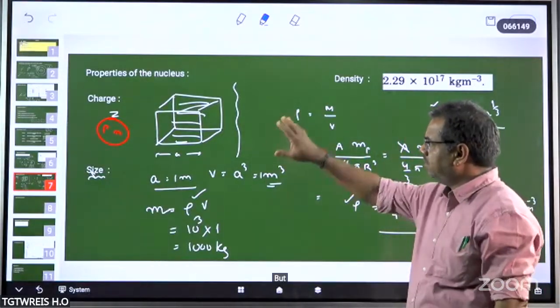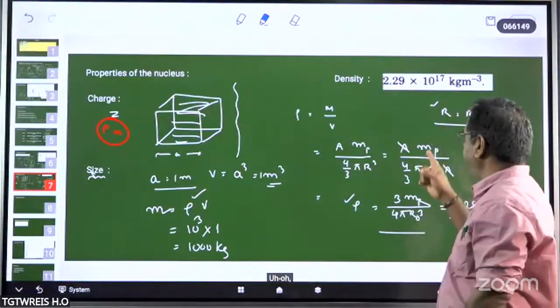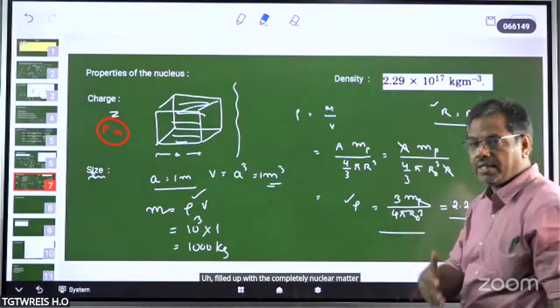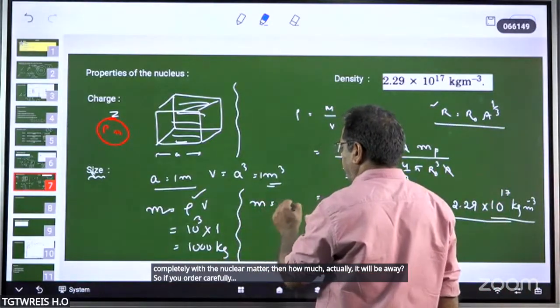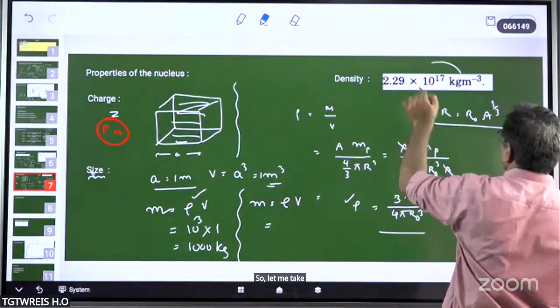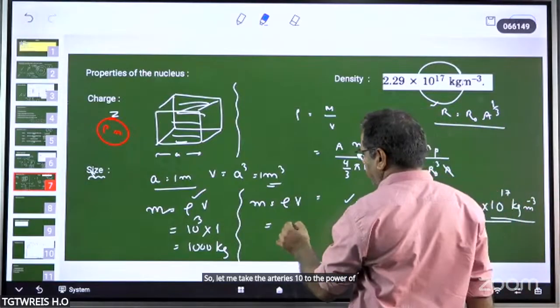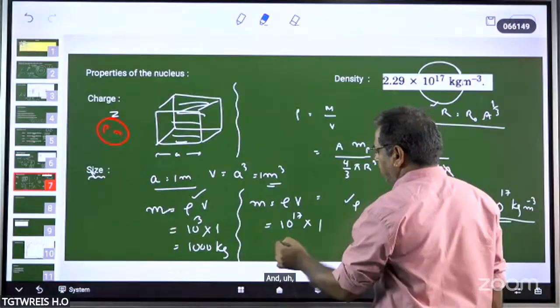But when that cube is completely filled with nuclear matter, how much will it weigh? Mass is again density × volume. Let me take the order of 10^17, and the volume of this cube is 1.